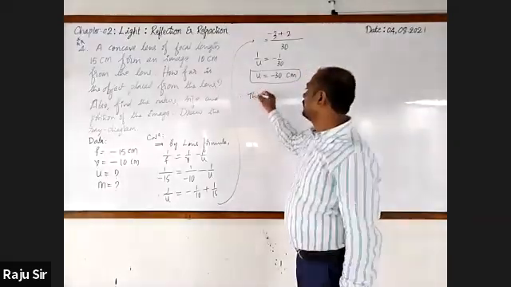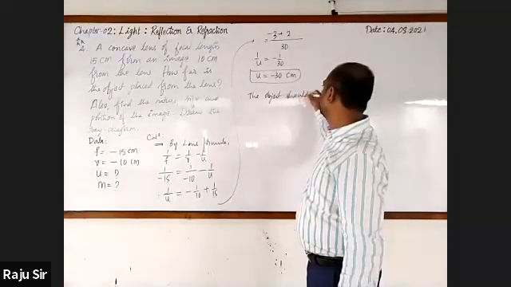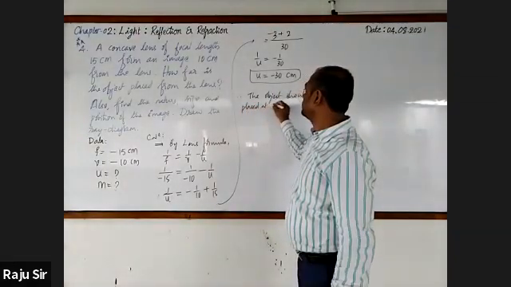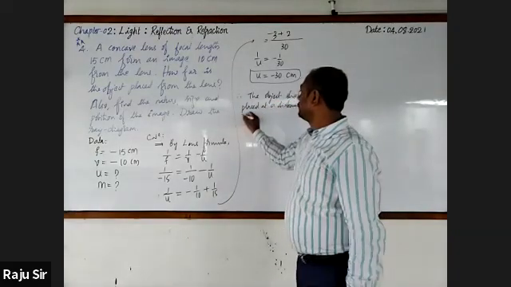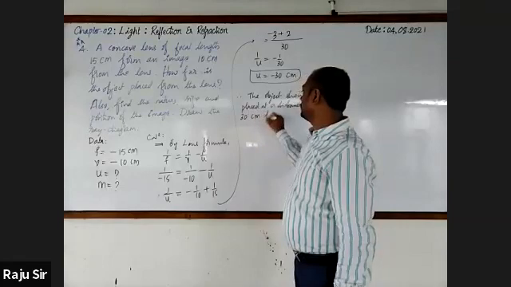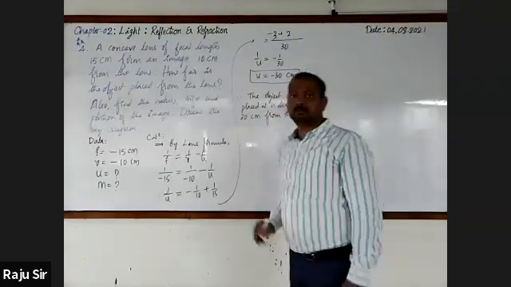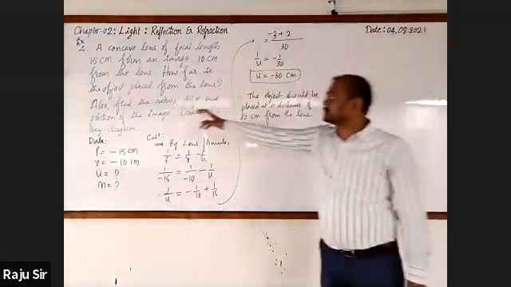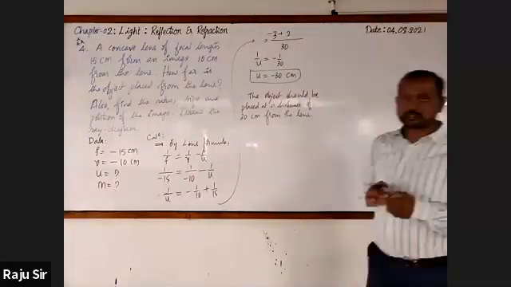Therefore, the object should be placed at a distance of 30 centimeter from the lens. Sub question we have given answer. Next, second sub question is also find the nature, size and position.